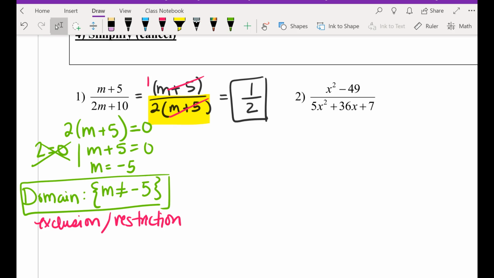Example 2. Factor the top and bottom for me. If you don't remember how to factor, then sit next to your partner so you can work it out together.